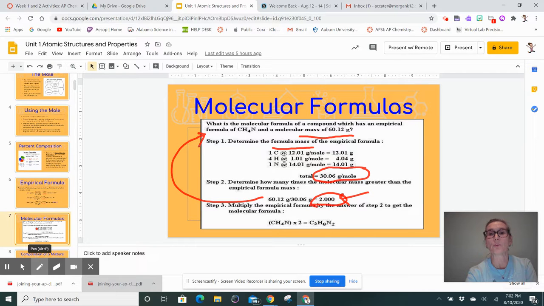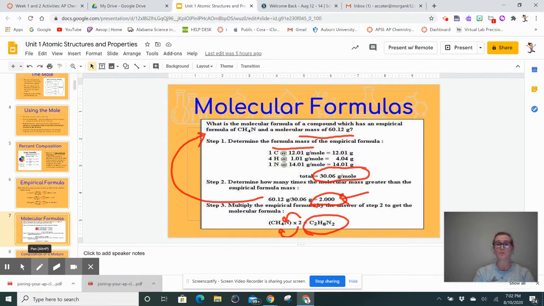Okay, so 2 times 1 is 2, 2 times 4 is 8, and 2 times 1 is 2. So my molecular formula for this compound is C2H8N2.